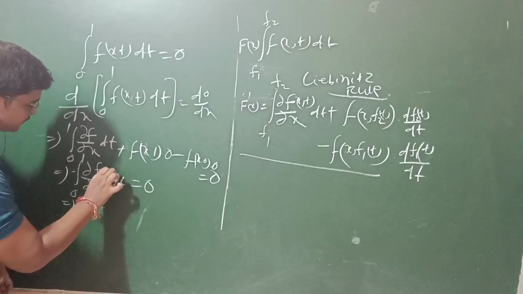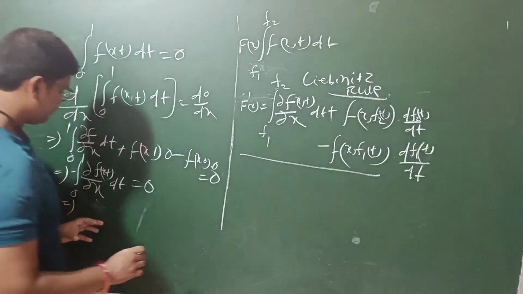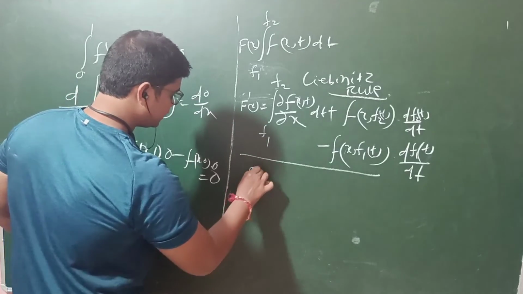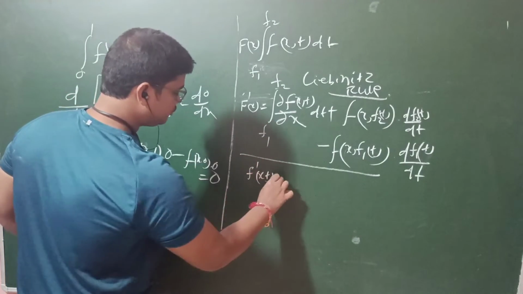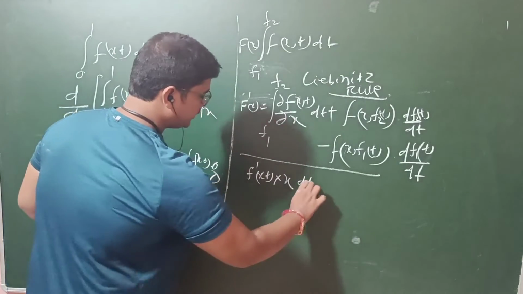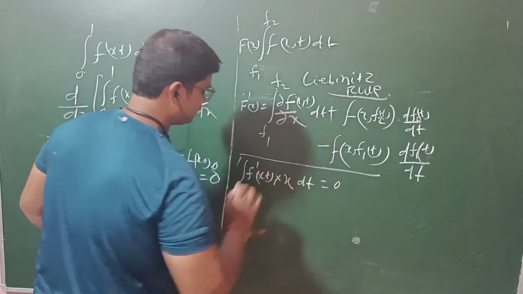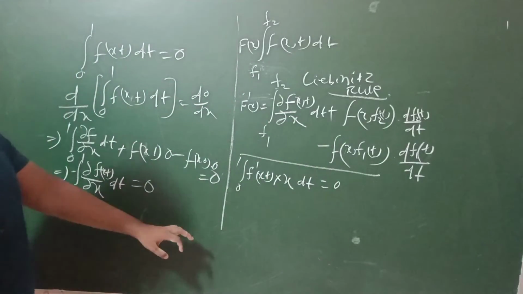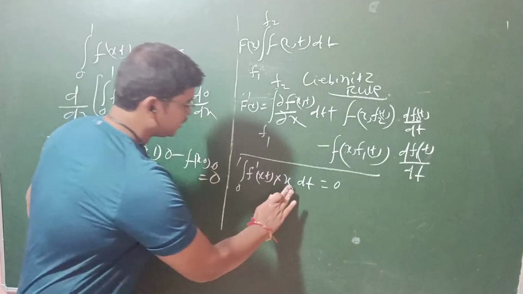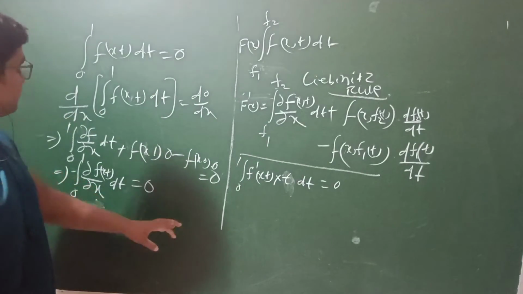Now del this f is x t, given that now this is f dash x t into x by chain rule into dt divided by 0 to 1 equal to 0, not x t.